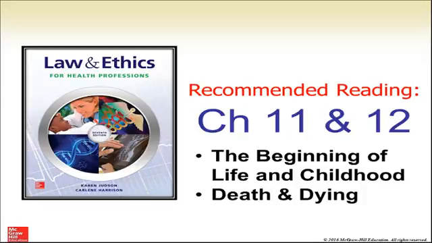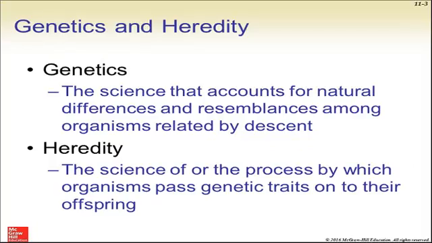We're going to start by focusing on genetics and heredity, and just start with definitions. I will tell you the definition of genetics is important for your quiz. What genetics is, it's a science that accounts for natural differences and resemblances among organisms related by descent. So an example, children in the family all have blue eyes.